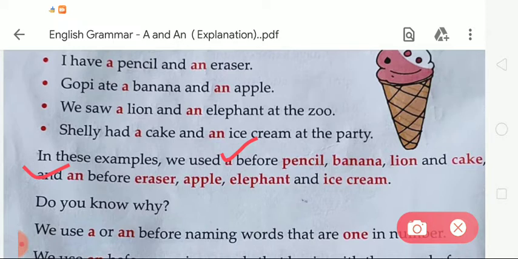Do you know why we have used a with pencil, banana, lion and cake, and why we use an before eraser, apple, elephant and ice cream?